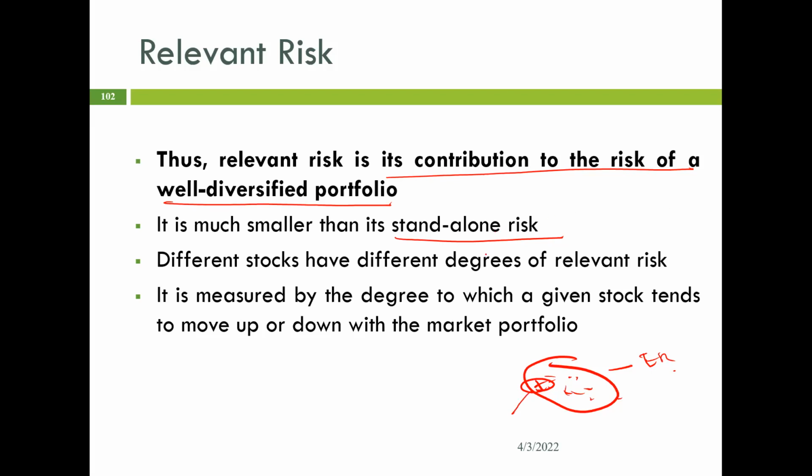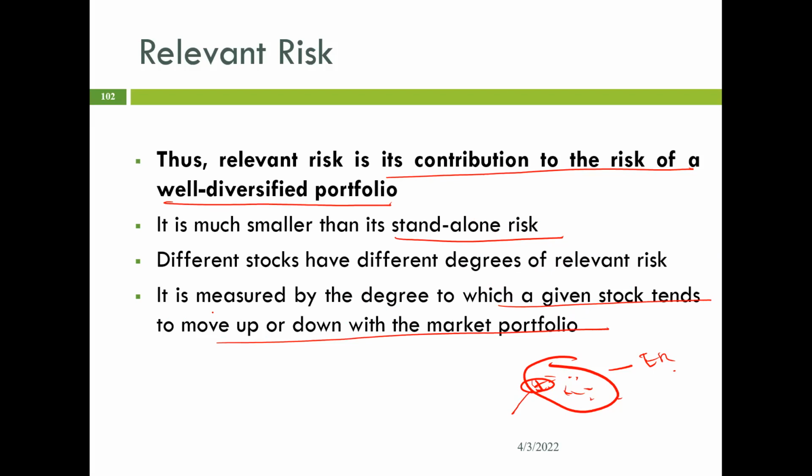So then that's going away. But anyway, its contribution to the risk of the well-diversified portfolio remains as the risk, right? Different stocks have different degrees of relevant risk. It is measured by the degree to which a given stock tends to move up and down with the market portfolio.